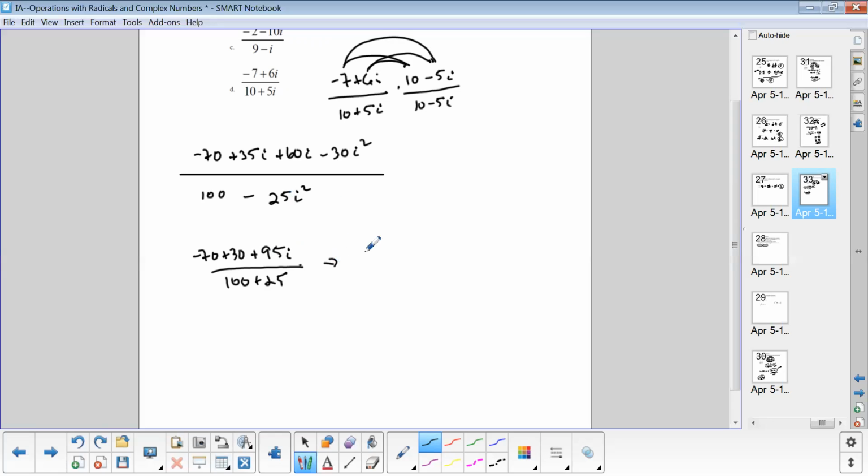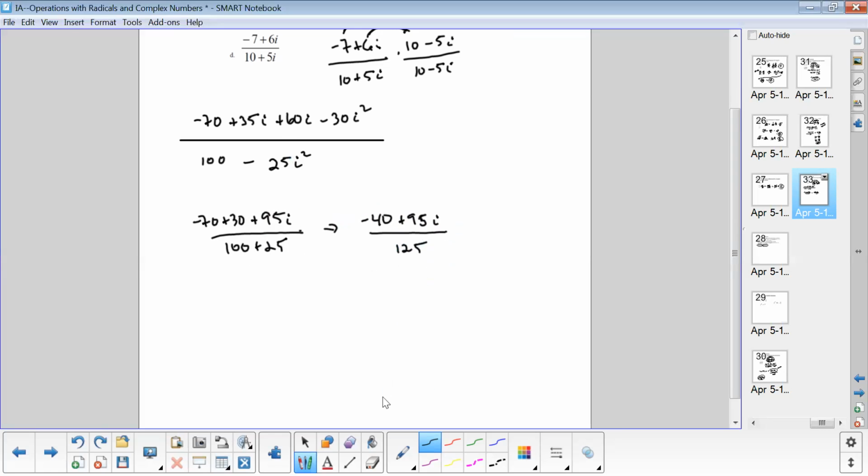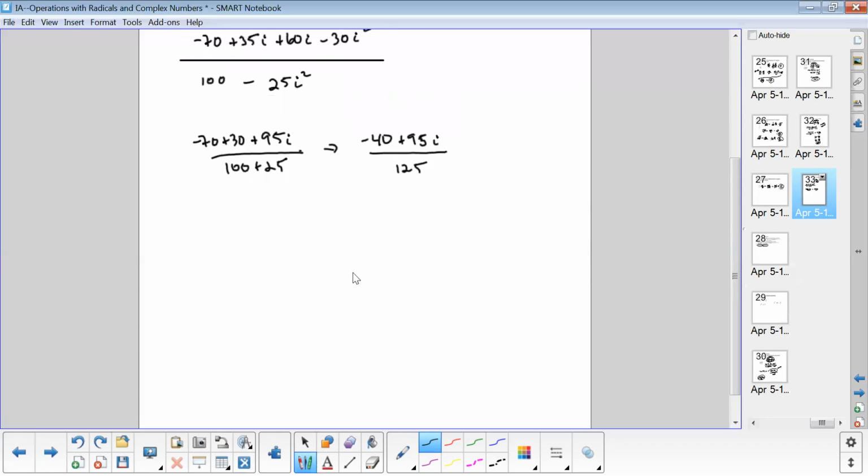And so this would be negative 40 plus 95i, all divided by 125. And so then we would just separate it. Negative 40 divided by 125 plus 95i divided by 125, and they're all divisible by 5.